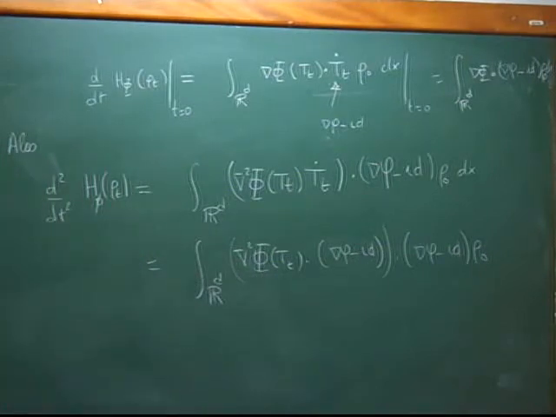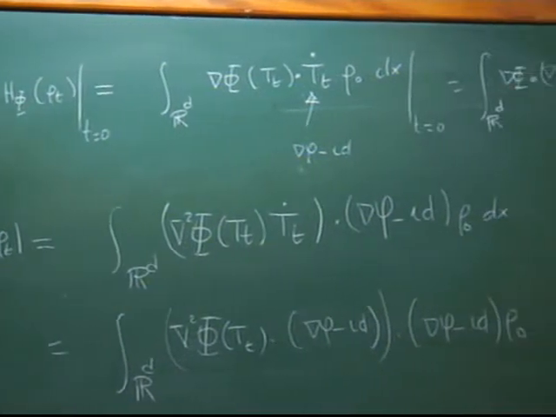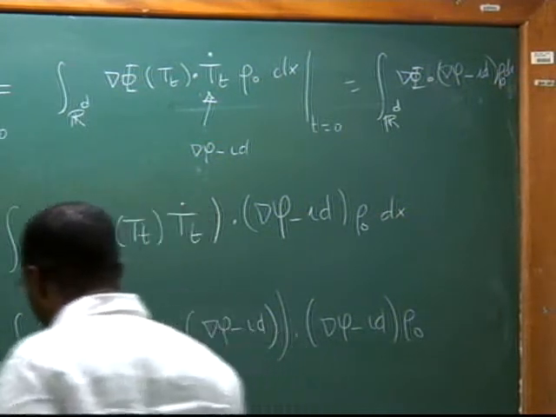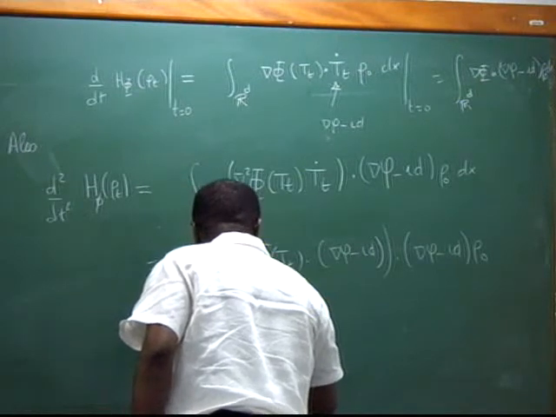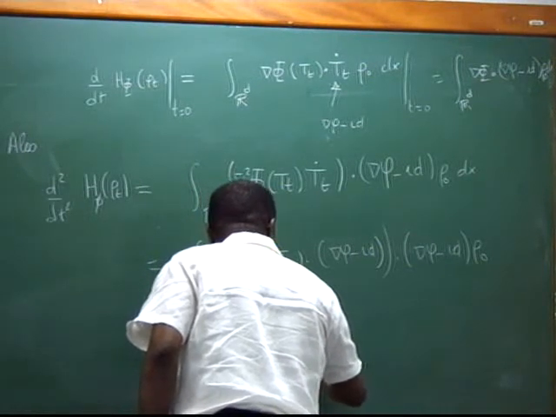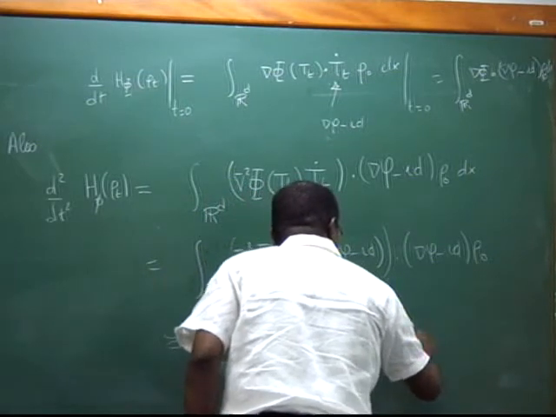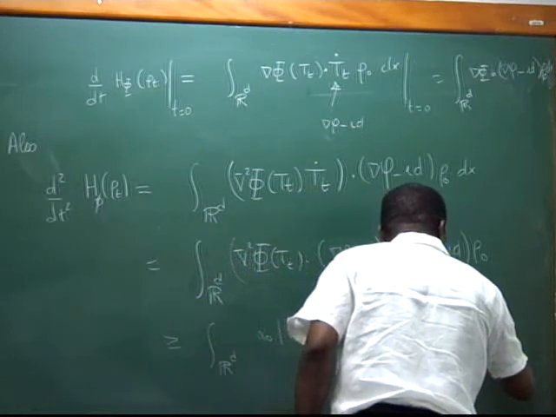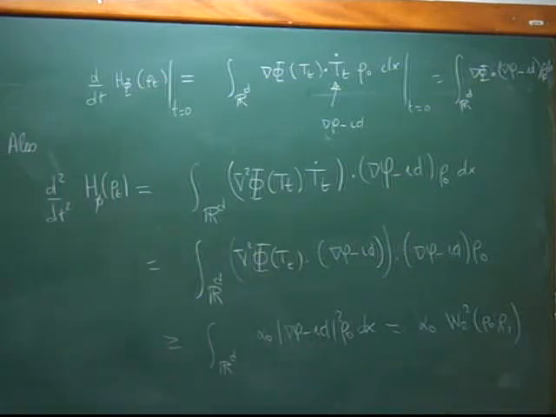But by assumption, I have assumed that the Hessian of phi is bounded below by alpha naught. So this is greater than or equal to the integral over R^d of alpha naught times the squared norm of gradient of phi minus identity, rho naught dx. But this is exactly alpha naught times the Wasserstein distance squared between rho naught and rho 1. And that proves the theorem.